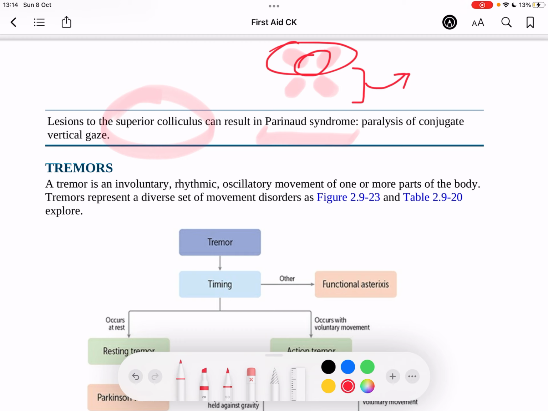And if you are familiar with neurosyphilis, those patients have exactly the same sign, and that's called the pseudo-Argyll-Robertson pupil, where it can constrict to accommodation, but not to light. And patients with Parinaud syndrome have exactly the same.